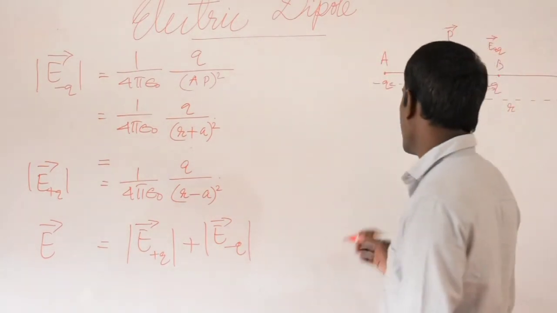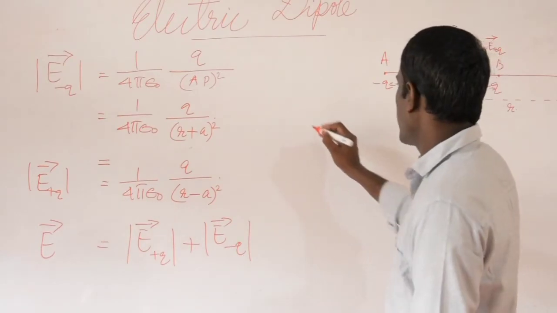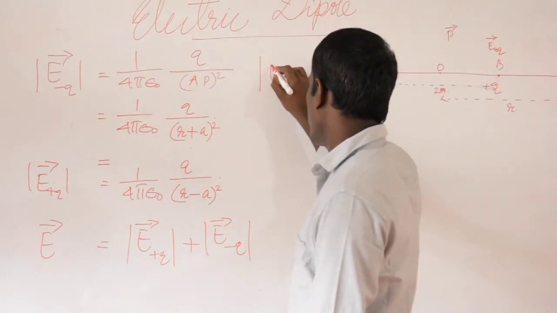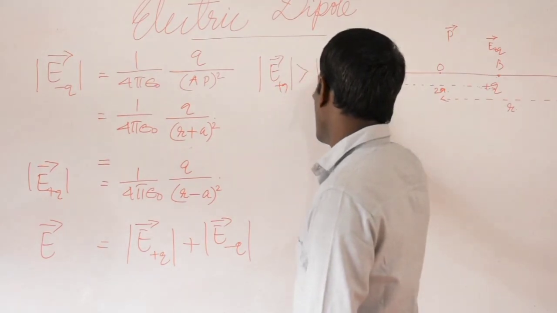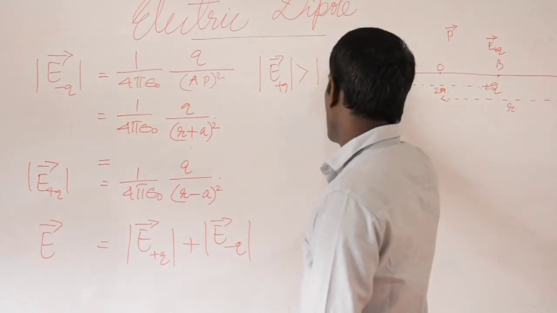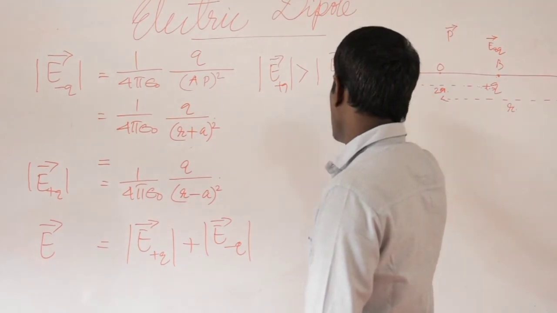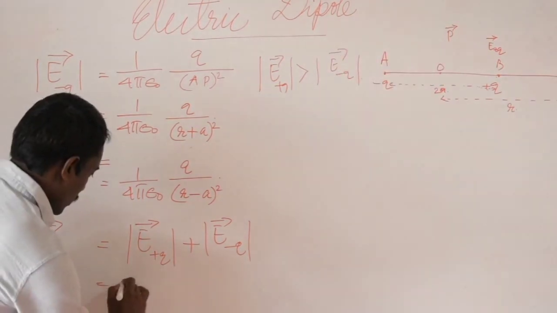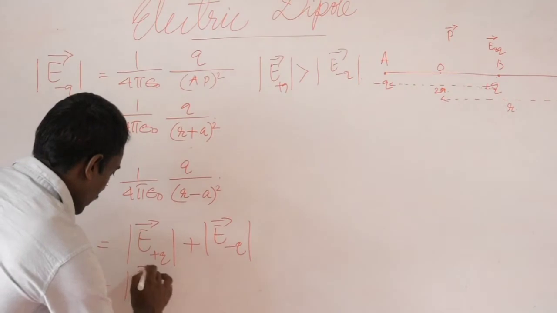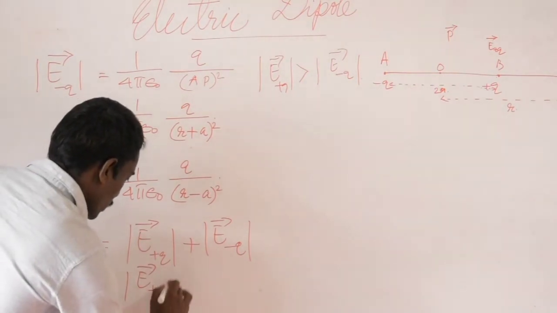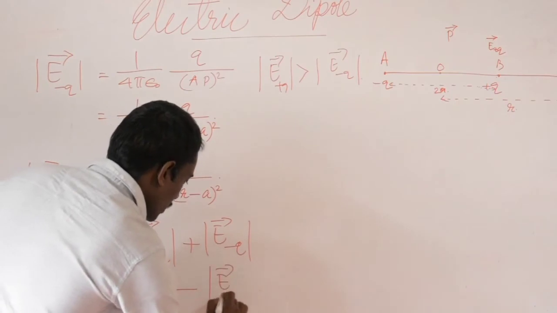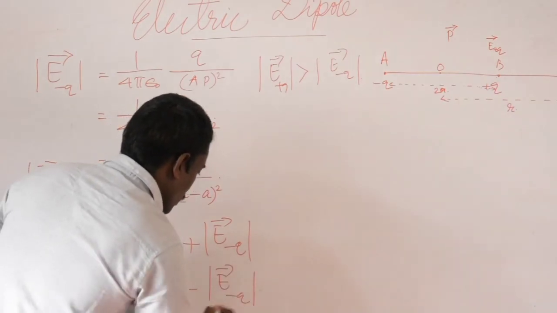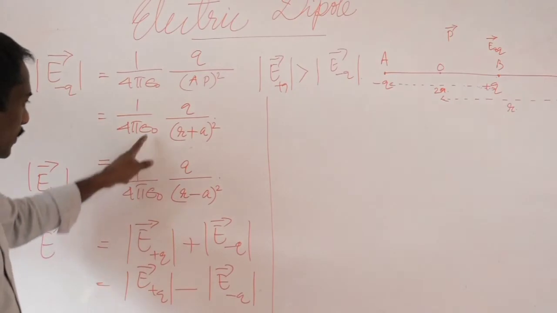So we may write E equals the field produced by the positive charge Q minus the field produced by the negative charge Q. Substitute the values of these two.